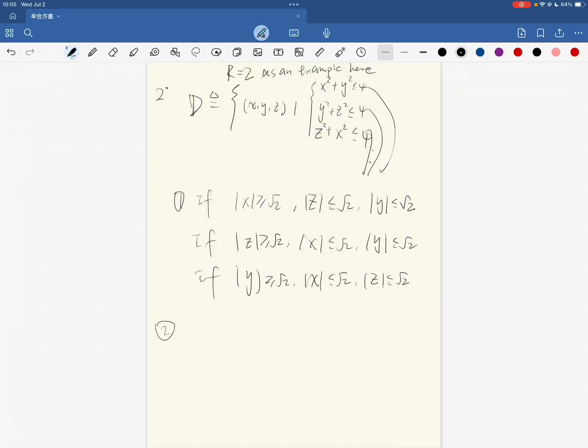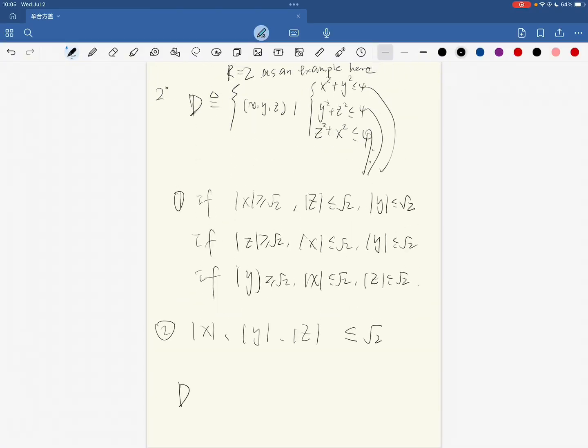Another situation is when x, y, z are all less than or equal to square root 2.